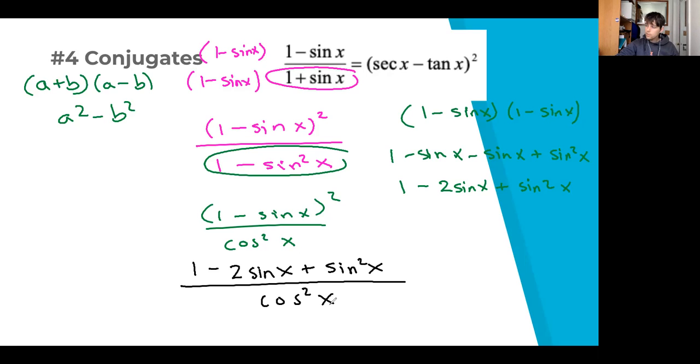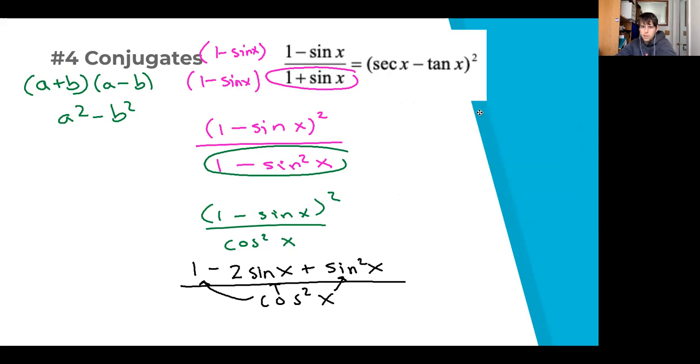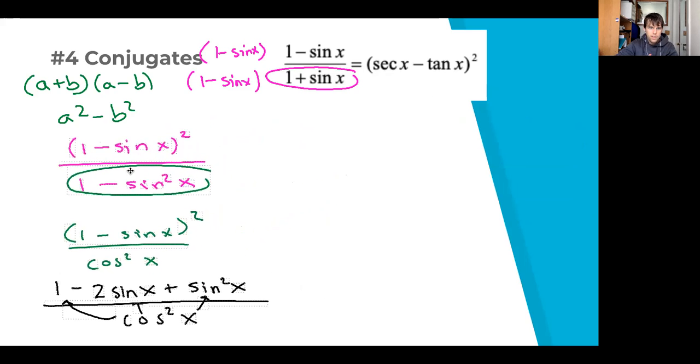All right, so let's take a look at this here. Because I have a single thing on the bottom, I can distribute this division on through. That's what I'm going to do here. I'm going to erase some things, give myself a little more space, move some things over, and slide this over here.